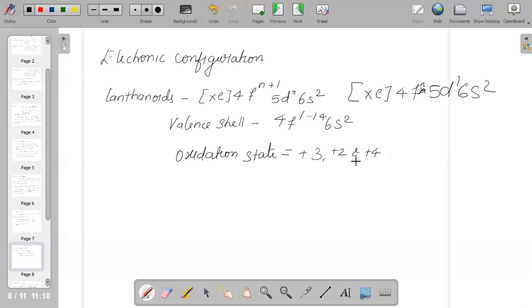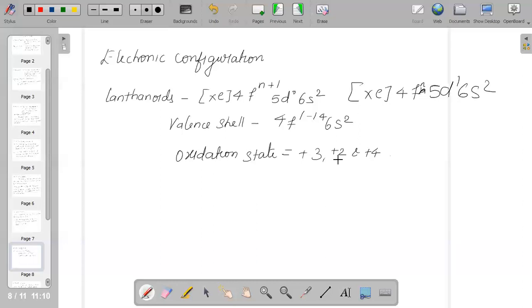If we apply gentle heat on lanthanides, they will have the tendency of combining with hydrogen. If we heat lanthanoids with carbon, they will form carbides and halides, but there should be some presence of halogen while burning.